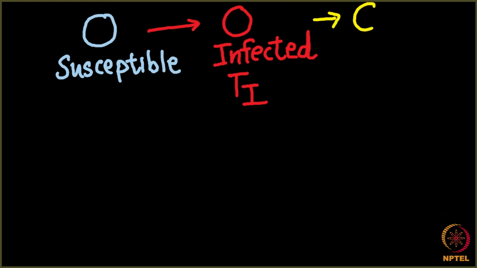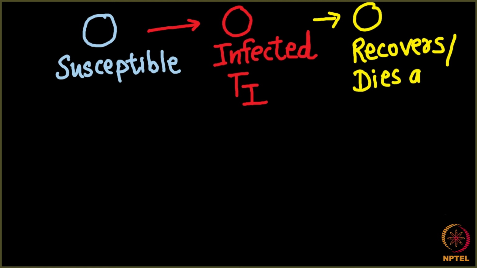This node either recovers, that is, it develops a lifetime immunity against that disease, or it leaves the network. That is, let's say this node dies away, in which case we say that this node has been removed. So this was our SIR model.